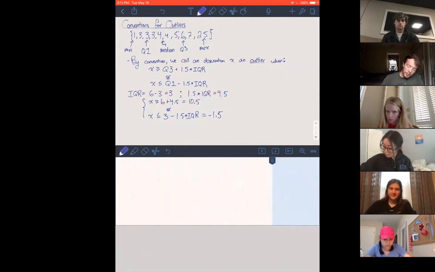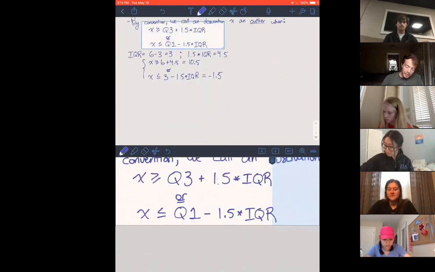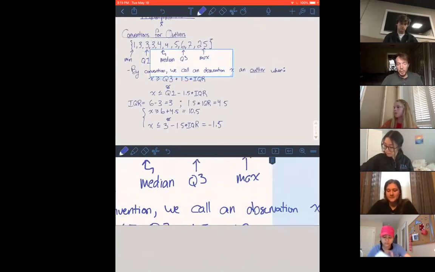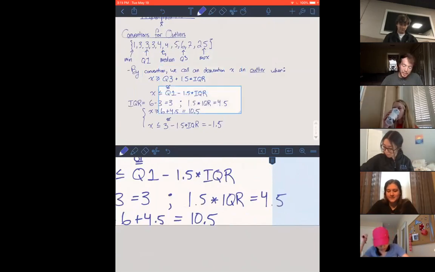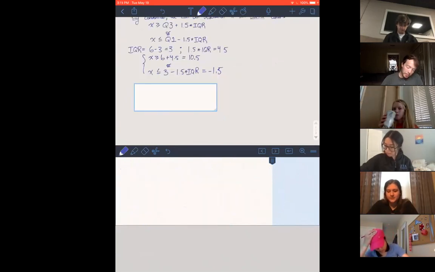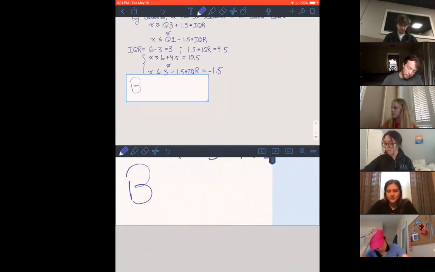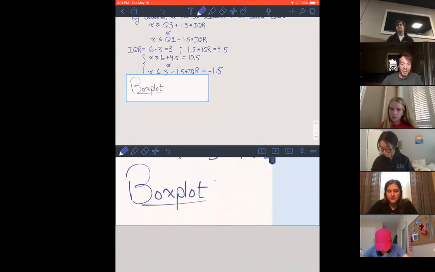Once you've done all this, we can visualize these ideas, this Q1, median, Q3, and outliers, using something called a box plot, which is something I erroneously already had you calculate in Excel.